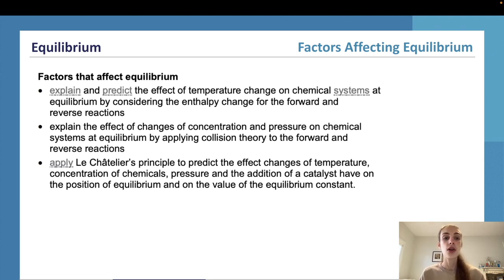And so this is going to cover the concepts of explaining and predicting the effects of temperature change on chemical systems at equilibrium by considering the enthalpy change for the forward and reverse reactions, explaining the effects of changes of concentration and pressure on chemical systems at equilibrium by applying collision theory to the forward and reverse reactions, and applying Le Chatelier's principle to predict the effect changes of temperature, concentration of chemicals, pressure, and the addition of catalysts have on the position of equilibrium and on the value of the equilibrium constant.